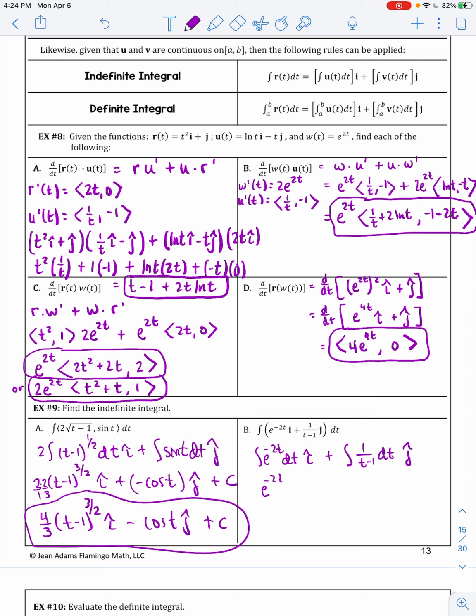This is going to be e to the negative 2t divided by negative 2 times i plus ln absolute value of t minus 1 times j, and then plus c. So negative 1/2 e to the negative 2t i plus ln absolute value of t minus 1 times j plus c.